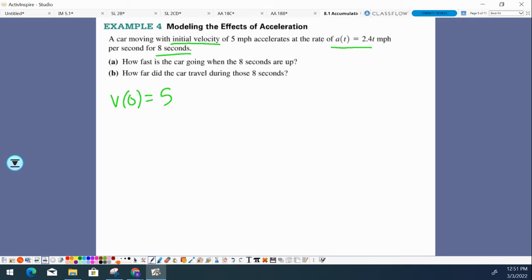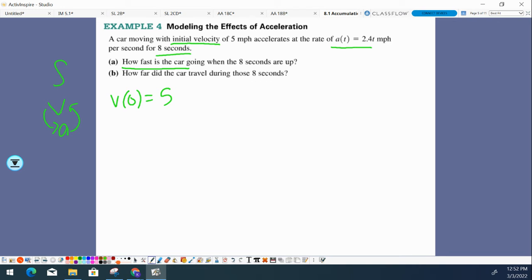All right, so it's asking how fast is the car going? Do you see how this is just a step up from the SVA that we were doing before? We're now going back and forth with velocity and acceleration, where the first 3 examples were going back and forth from position and velocity.